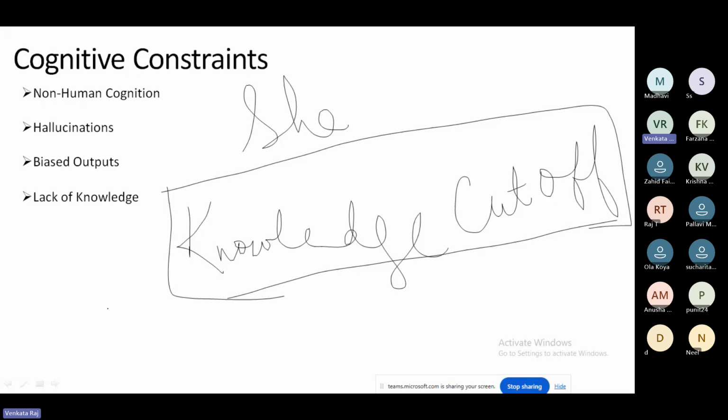As I have already told you, the output will always depend on the data set on which it has been trained. If it has not been trained on that data, then the output will vary, guys. That is where the lack of knowledge comes in. If I ask who is the current president of the United States to an AI model trained on data till 2023, I think Trump got elected in 2024, everyone, right?